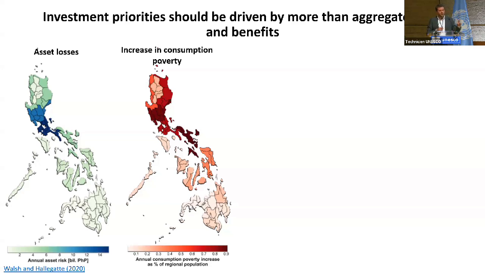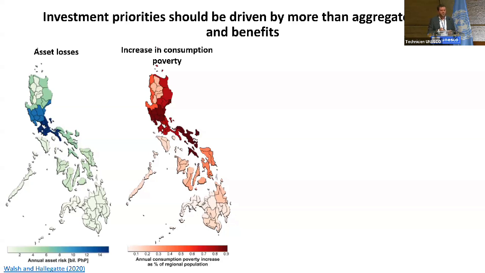And here you start to see the areas which are the most affected start shifting a little bit, right? It's no longer only focused in Manila, it's also a bit outside of that point. But that's still a bit of a biased metric because it's basically focusing on people who are just around the poverty line, so they could just fall under the poverty line in the case of a disaster or not.